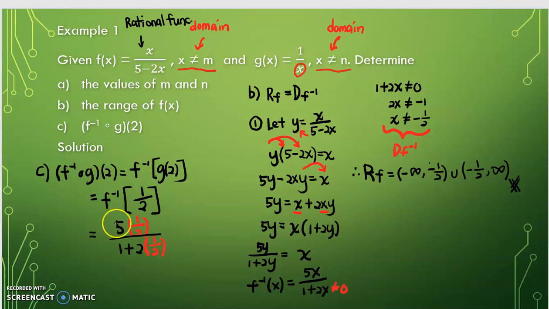So let me solve this part. 5 times 1 over 2 is 5 over 2, over 1 plus 2 times 1 over 2, which becomes 1 plus 1, that is 2. So finally, here is 5 over 2 over 2, which equals 5 over 4. So this is the answer for C.